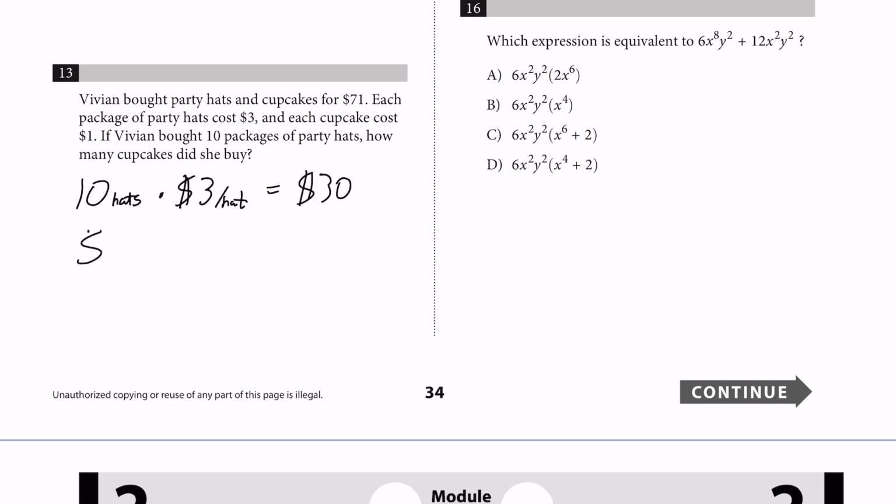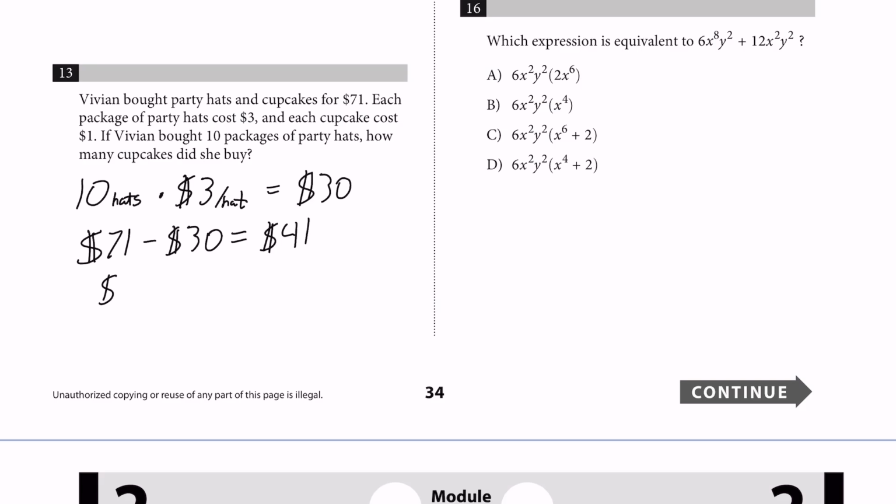We're now going to subtract that from 71, which we know she spent in total, and that's going to give us $41. So she spent $41 on cupcakes. Now we need to take the amount she spent on cupcakes and divide that by the cost per cupcake.